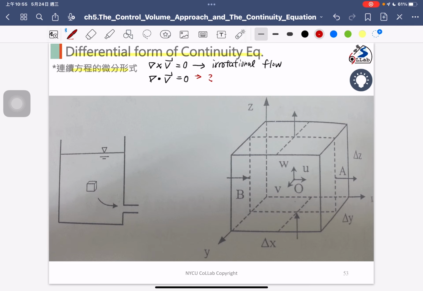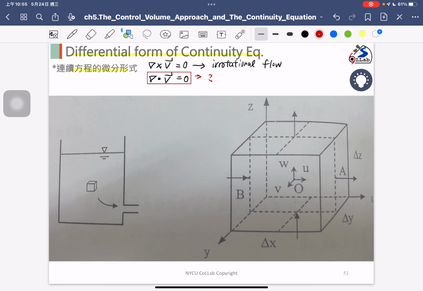So today I want to share the idea with you. Can I say something if the spatial gradient operator dot product with the velocity field is equal to 0? What's the physical meaning?